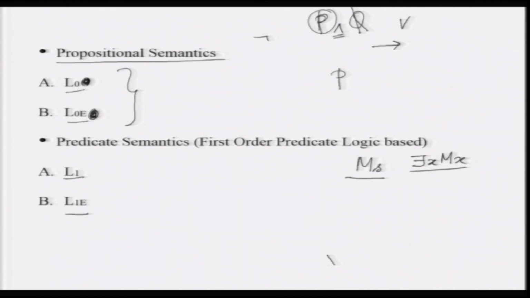Once again, it will have 2 versions. Why 2 versions? L0 will have certain rules, R1 through Rn, and L0E also will have some rules, say S1 through Sn. We will see that the structure of these rules is not very different from the structure of those rules.